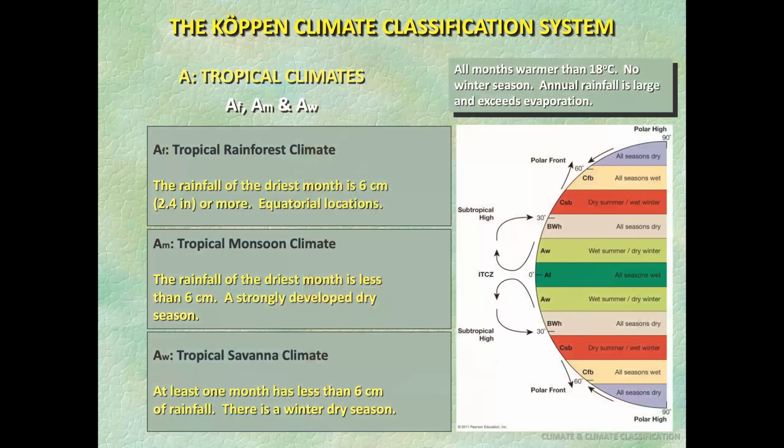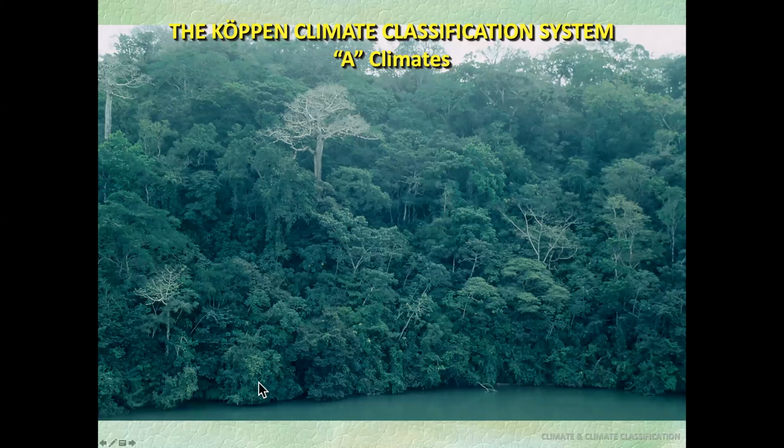There's that list. And looking at the A climates a little bit more closely, AF climates or A climates are basically broken down. They're all warm, but the difference between the 3 of them is the amount of rainfall. No dry season, short dry season, long dry season. That's the big difference here.